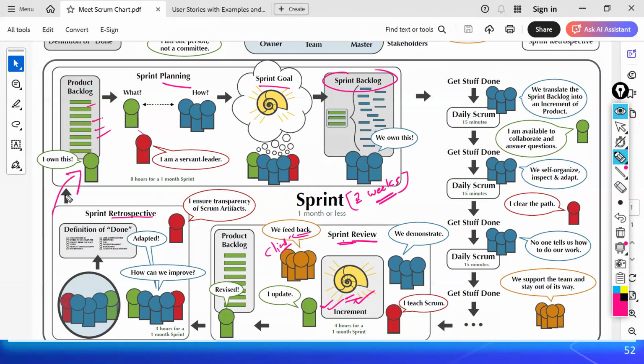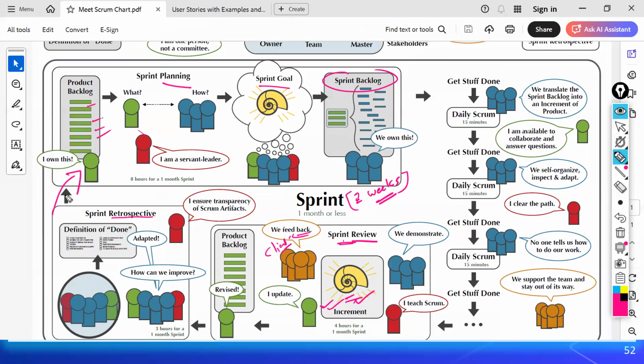That is the retrospective. It's among team members, there's no client involvement. It is all about improving the current process you're going through. That is what you call the retrospective.